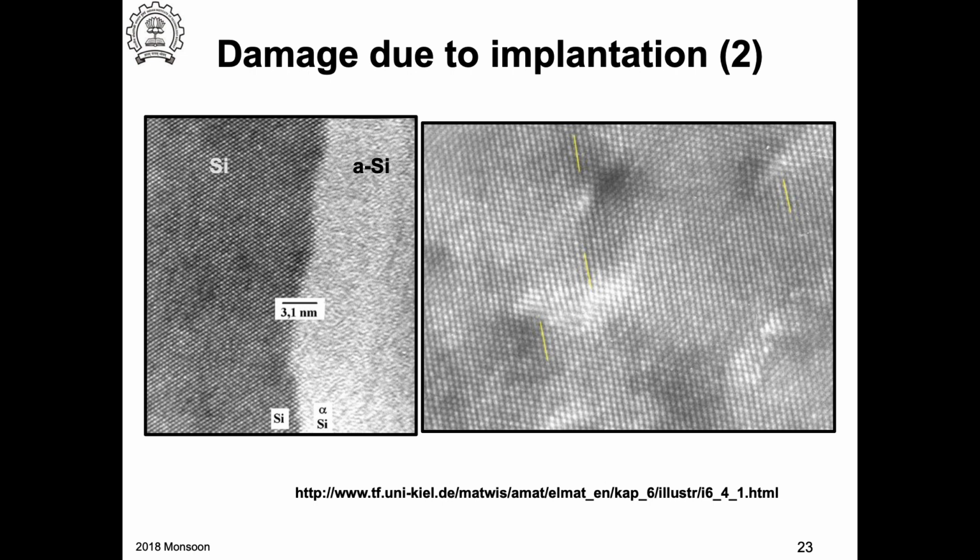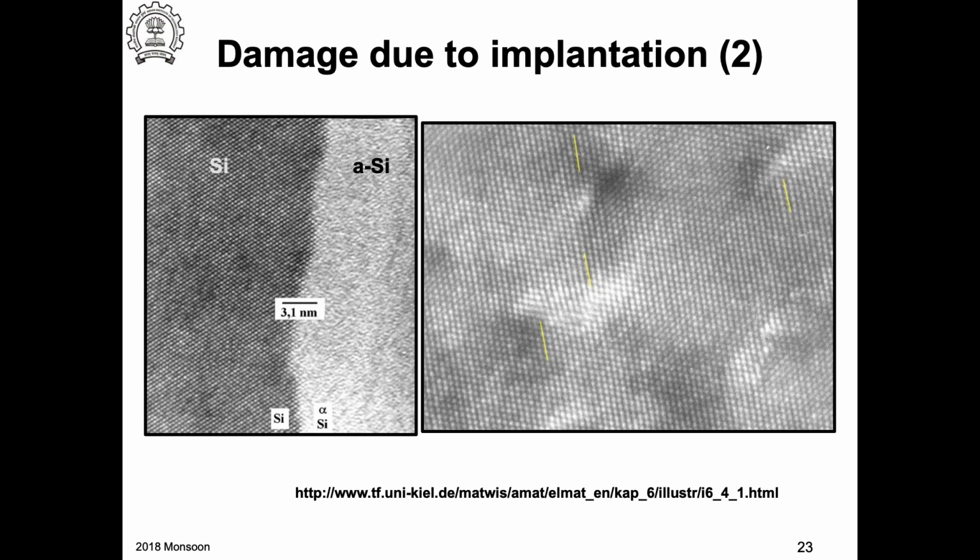For example, you can see the cross-section TEM images of silicon implanted with something. This part has become amorphous. This is how crystalline silicon would look.